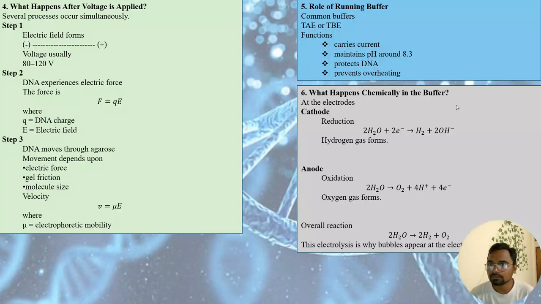What happens to the chemicals in the buffer? At the cathode side, water plus electrons releases hydrogen and OH. At the anode side, water releases oxygen gas and hydrogen.